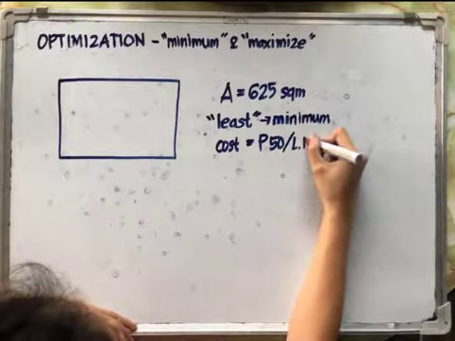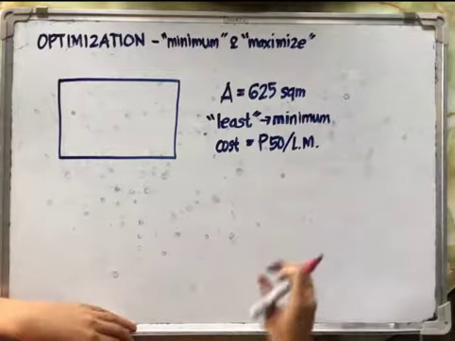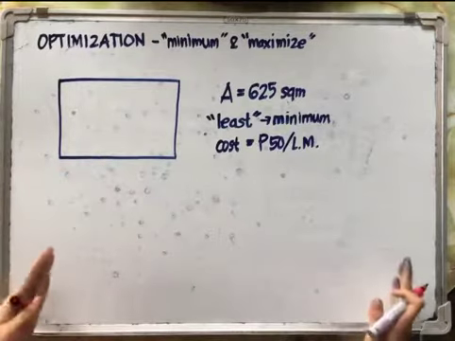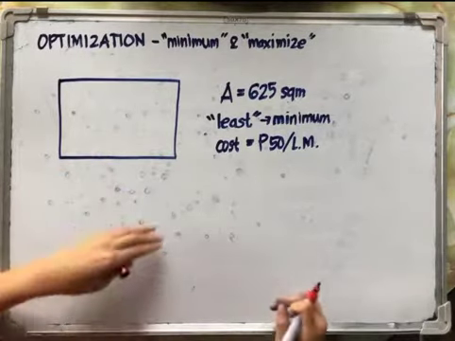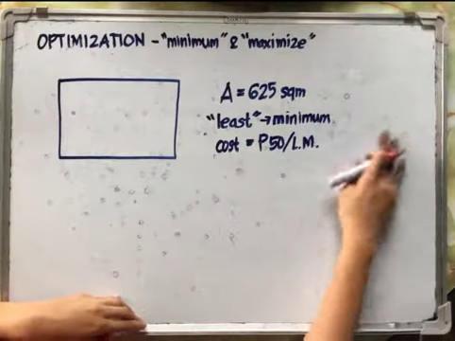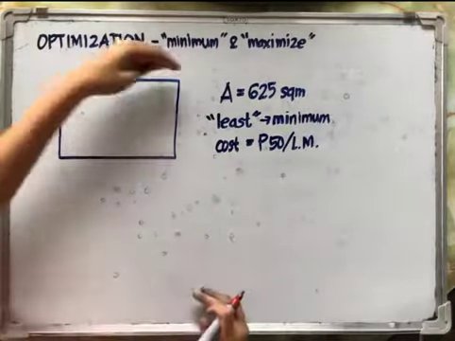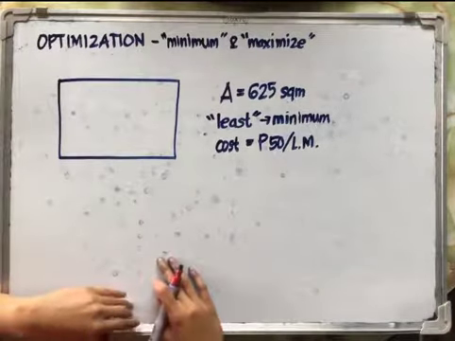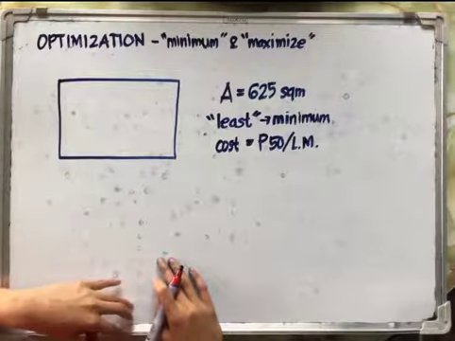Per linear meter. Pag sinabi niyang linear meter, parang isang metro lang talaga yun, hindi siya square meter, linear meter siya. So it talks about the perimeter, parang somehow perimeter yung i-fence niya dito, which is correct, di ba? Kasi on all four sides nga daw niya i-fence. Now, ang question ko muna is, do we know the sides of this rectangle?